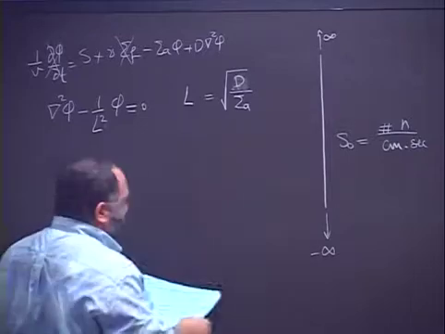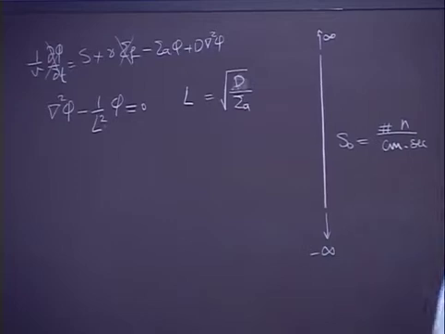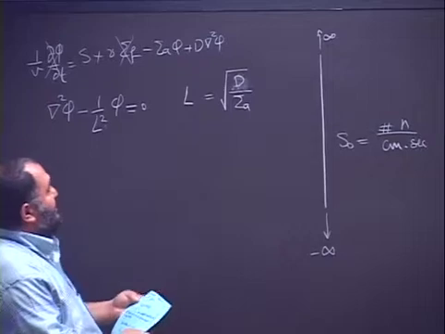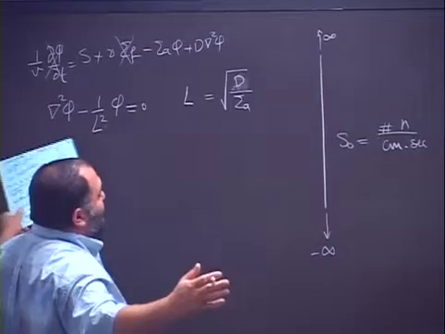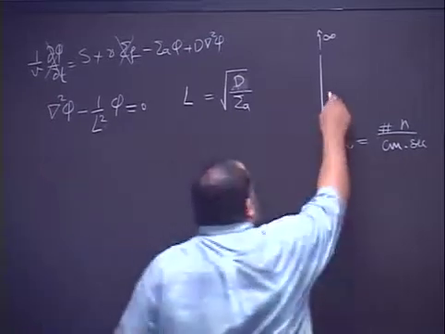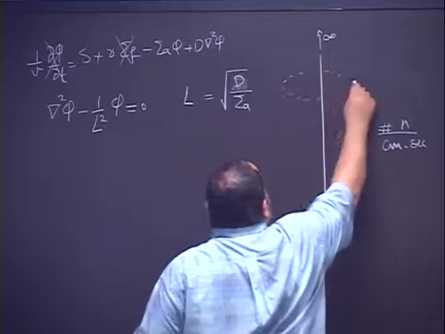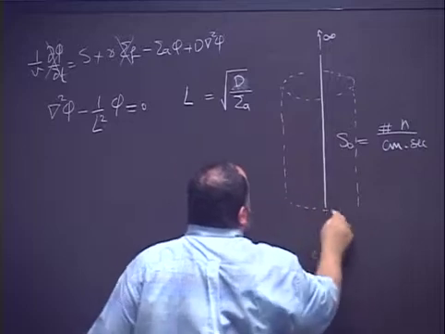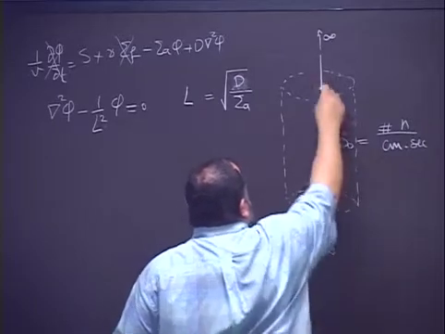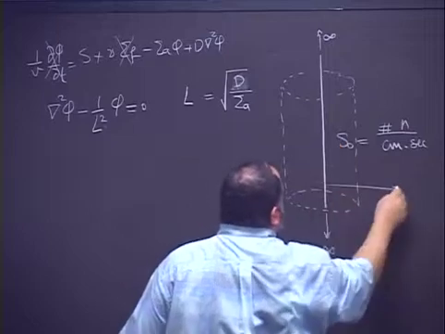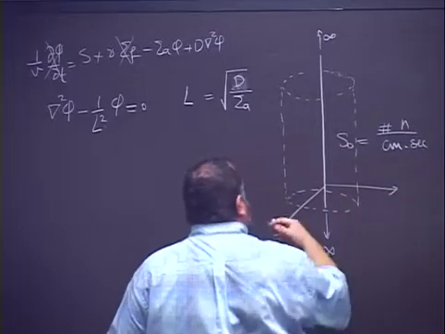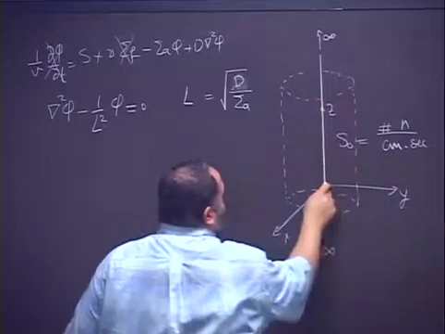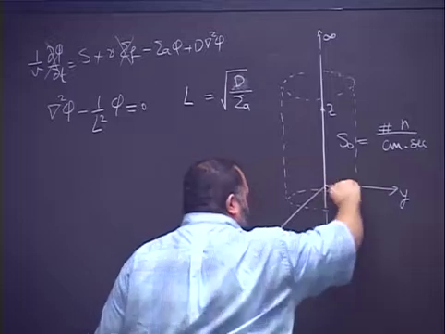Now, if we try to solve, we stated last time that the appropriate coordinate system will be the cylindrical coordinate system. Imagine a cylinder like this, with its center here, x, y, and the z direction.